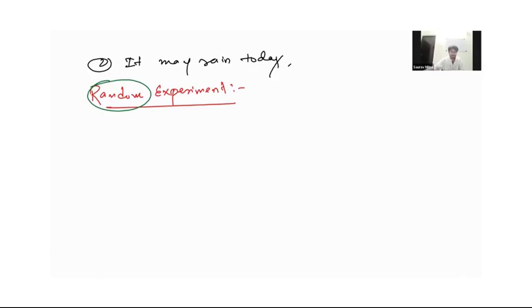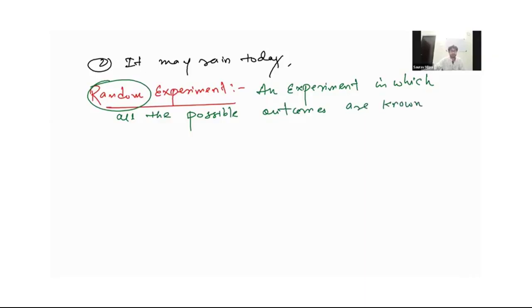So a random experiment means an experiment in which all the possible outcomes are known and the exact outcome cannot be predicted in advance.